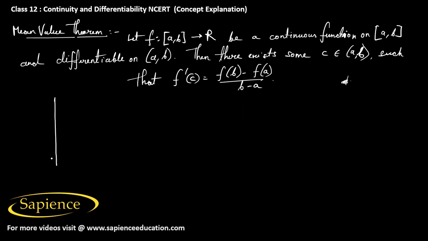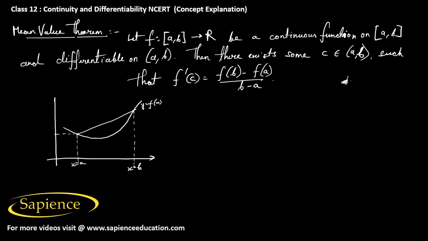So we can understand this graphically also. Suppose this is a function y equal to f of x, and this is x equal to A, and this is x equal to B. At this point the value of the function is f of A, and at this point the value of the function is f of B. So the slope of the line segment AB is y2 minus y1 by x2 minus x1.